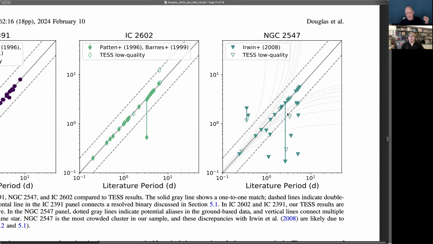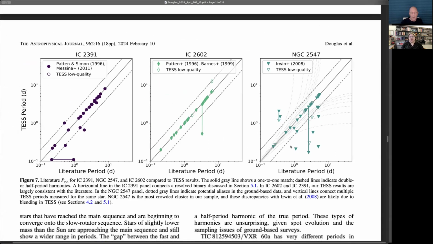And then vertical lines again are between multi-periodic stars. This again is because it's our most compact cluster, and at the faint end, we had the most issues with blending. So there probably are some issues with assigning the correct period to the correct star in TESS with this cluster, which is why, to be sure, when we did our model analysis, we stuck with the literature periods, which have a higher angular resolution. Gotcha. That's important.